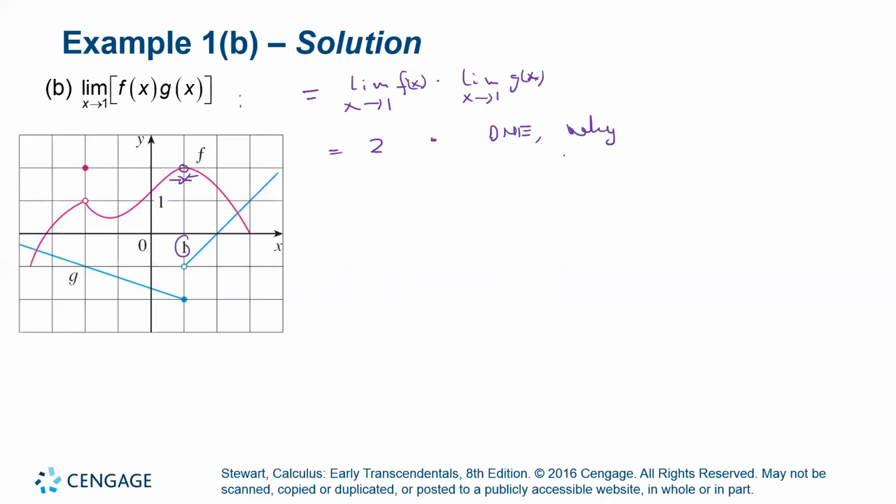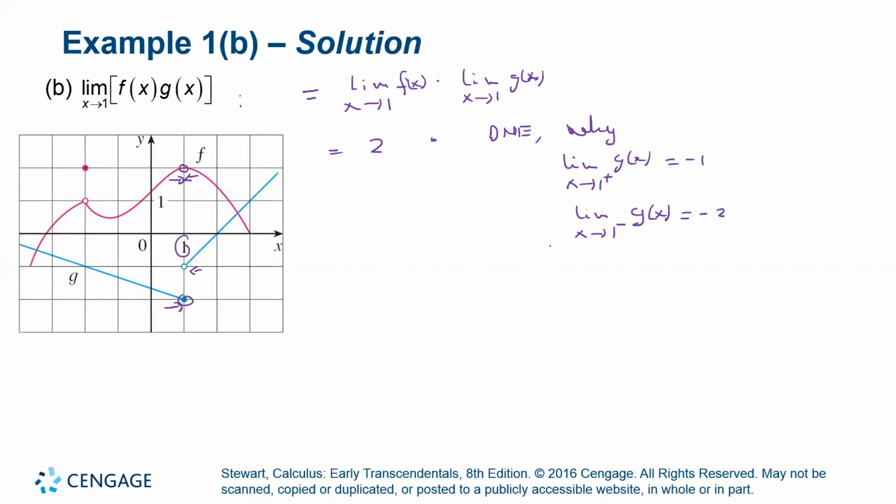Why? Because the limit x approaches 1 from the right of g of x is -1. And the limit x approaching 1 from the left of the same function g of x, this one is this part, is equal to -2.